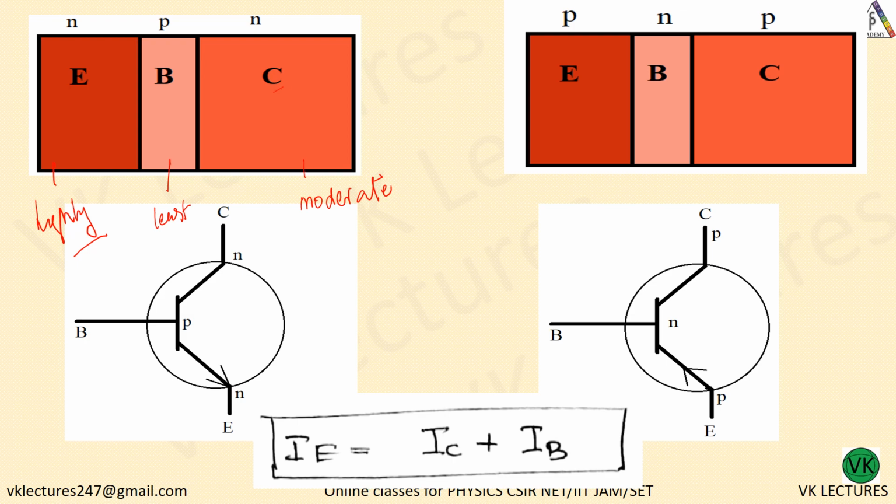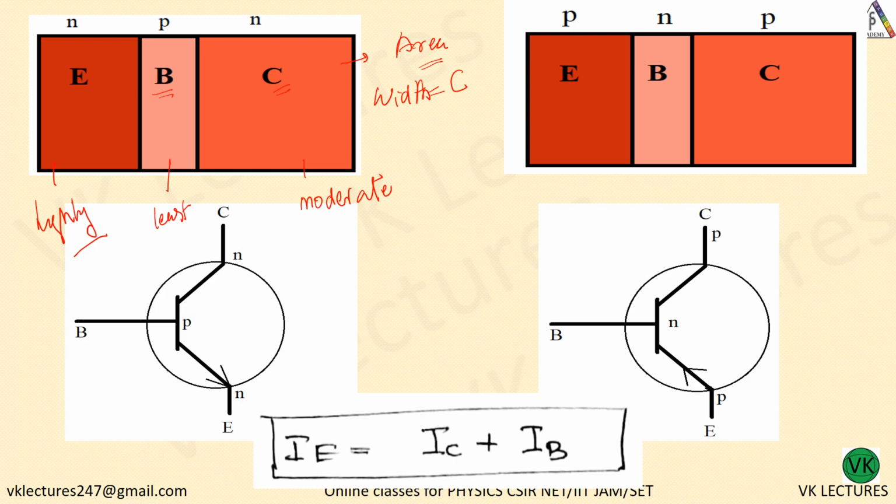The collector has the largest width. Then the base has low width. For the emitter, it is moderate width.